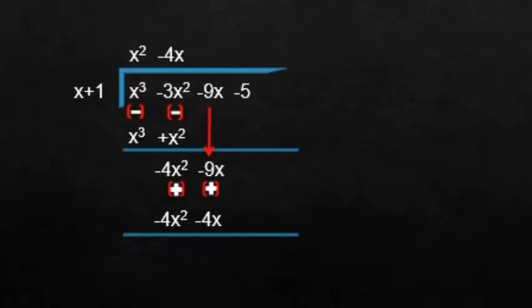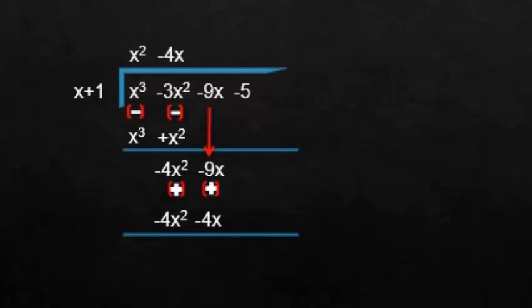Minus 4x square subtract minus 4x square, which will become minus 4x square minus minus 4x square, which will again become minus 4x square plus 4x square, which will give you a 0. When you write it down on a piece of paper, you will get the calculation. Minus 9x minus minus 4x: two minuses will come.